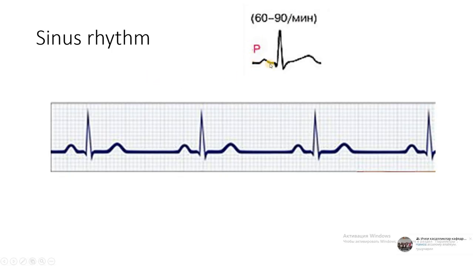First one, normal sinus rhythm. We can see P wave and P positive. P should be positive in first lead, second lead, AVF, and from V2 until V6. P should be positive before QRS complex. This P wave, we can say this is sinus rhythm.